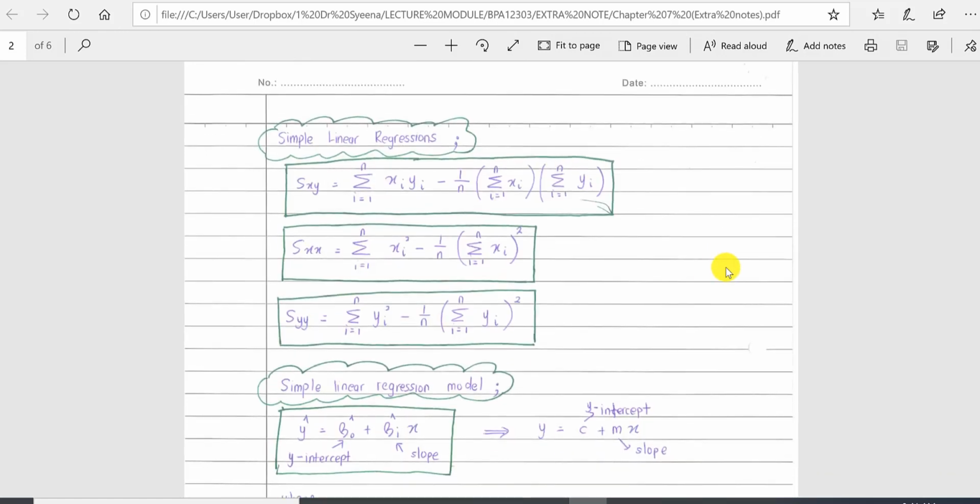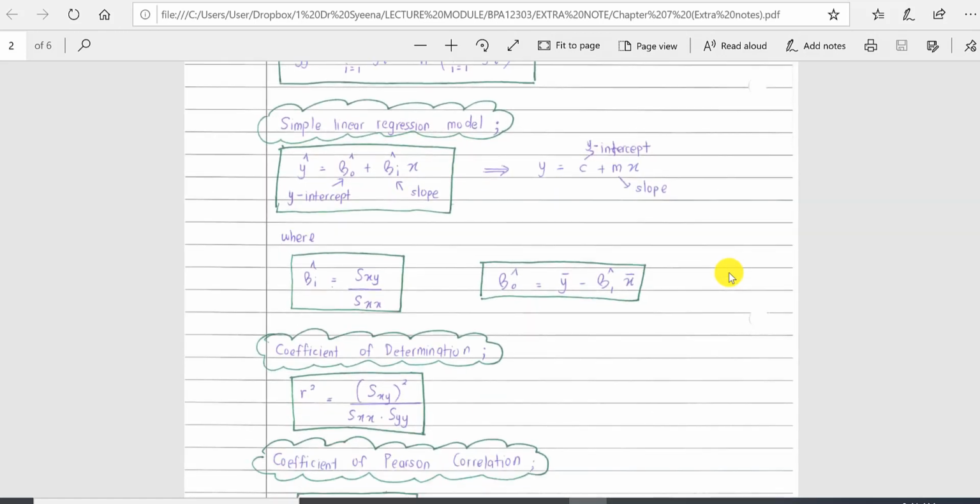Now to build the simple linear regression model, we must use this formula: y is equal to beta naught plus beta one x. To get this equation, we must calculate beta naught and also beta one. We must calculate the y-intercept and also the slope.